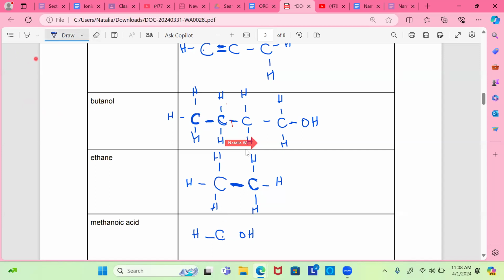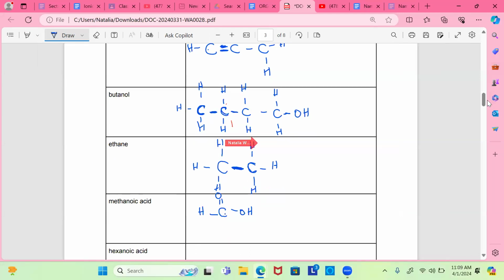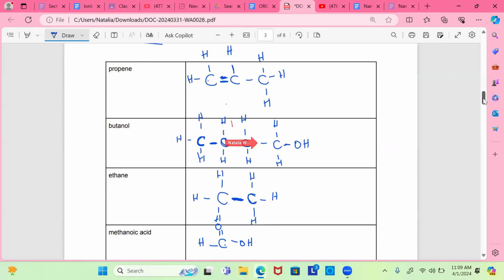Let me draw it properly. All right, so the others are for us to try. Everybody has these, or we need some time to draw them?